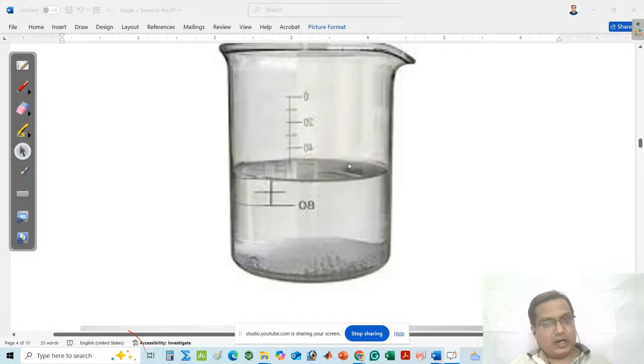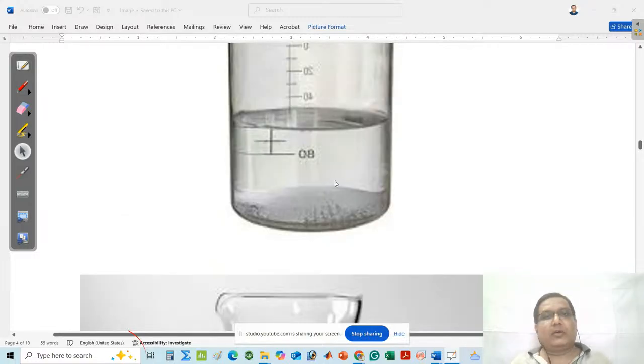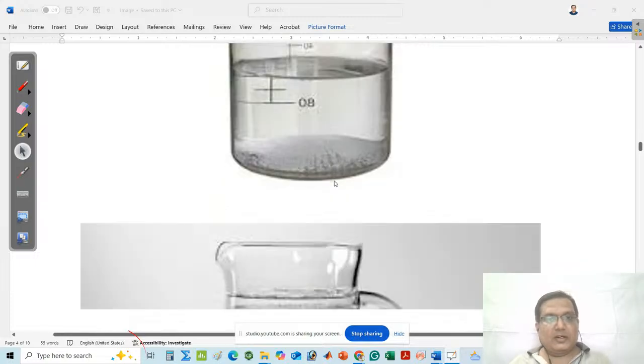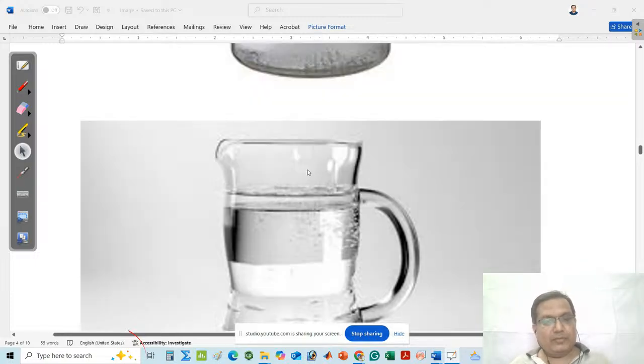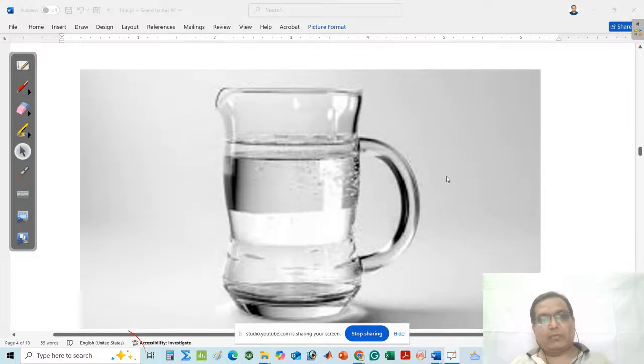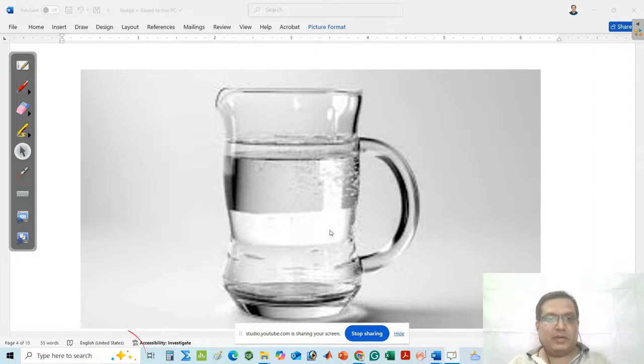If you take more water, its volume will be more. Here more water is present as compared to this beaker, so the water present in the mug has more volume. That means volume depends upon the quantity of matter.